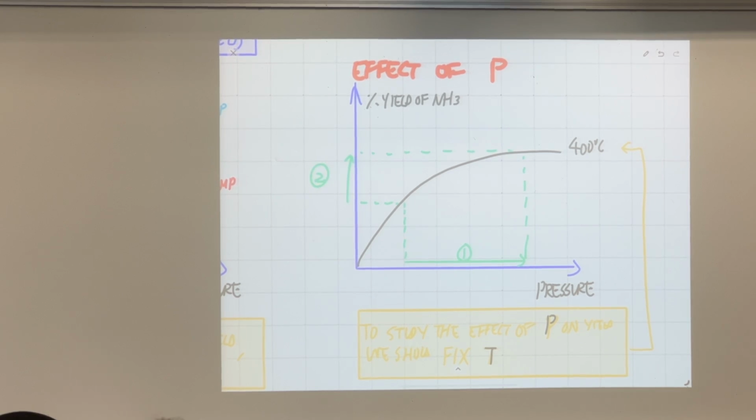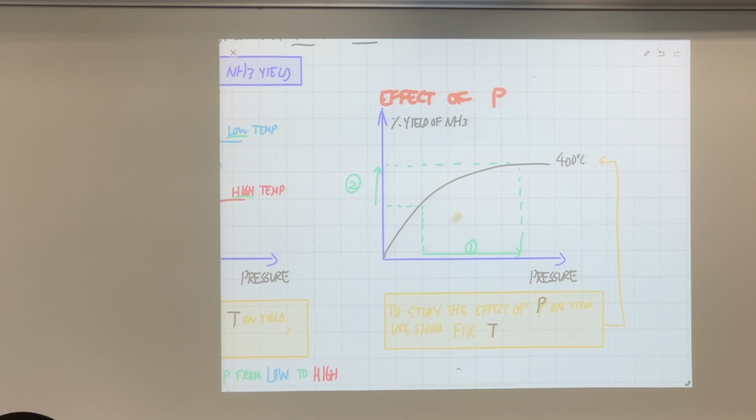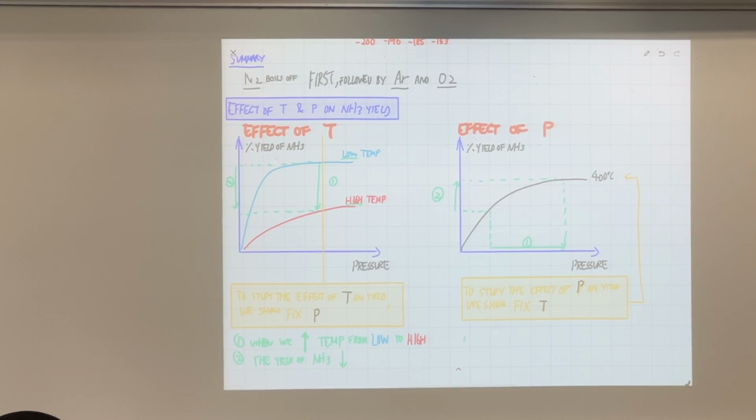So from this particular pressure to this pressure, the yield increases. So put down a conclusion. Number one, when we increase the pressure from low to high, so this is low pressure, this is high pressure, the yield of ammonia increases.